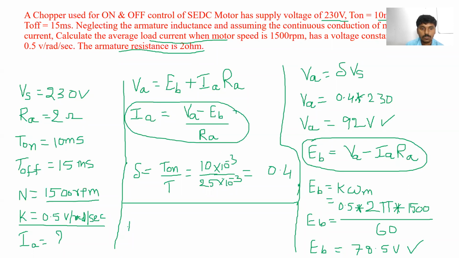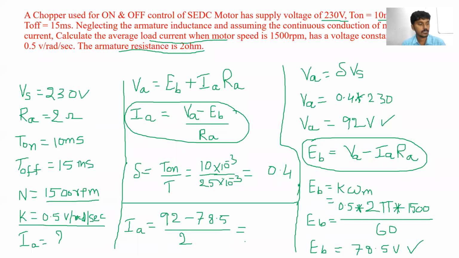IA is equal to VA minus EB divided by RA. What is the value of VA? 92. What is the value of EB? 78.5. What is the value of RA, the armature resistance? 2 ohms. So 92 minus 78.5 upon 2.